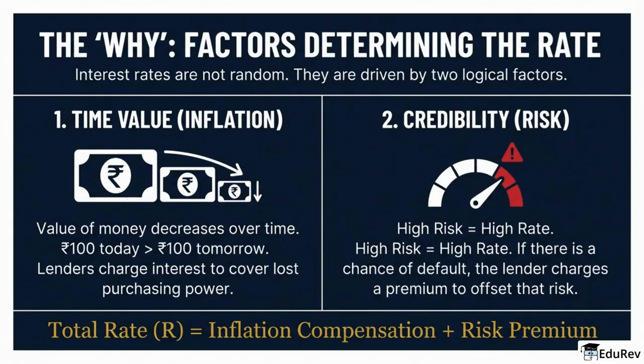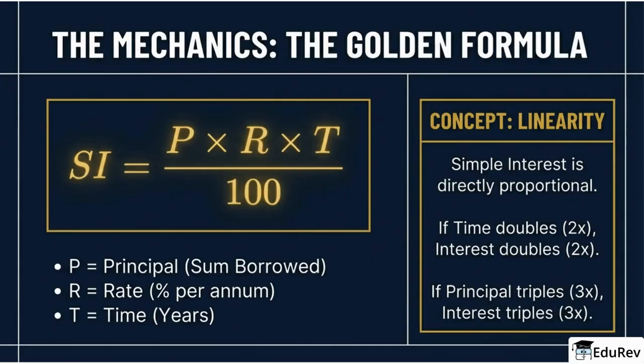The second factor is credibility, or risk. If the borrower is risky, the interest rate goes up. High risk means a higher rate. If there is a chance of default, the lender adds a premium to protect themselves. So the total rate you see is just inflation compensation plus a risk premium. Nothing complicated, just logic.